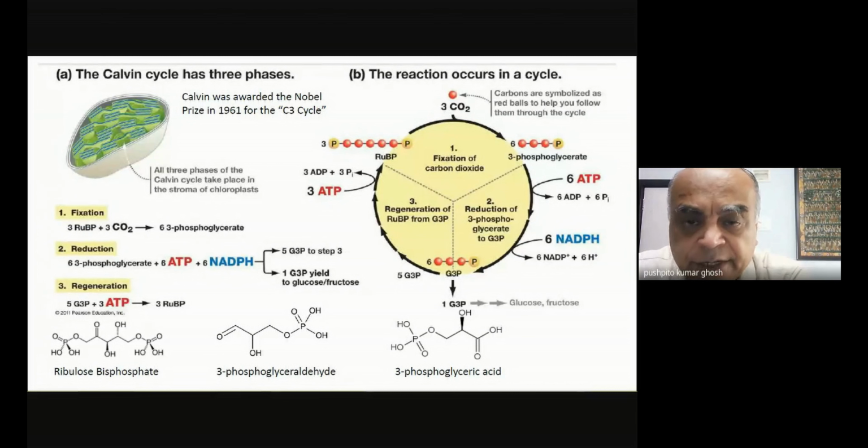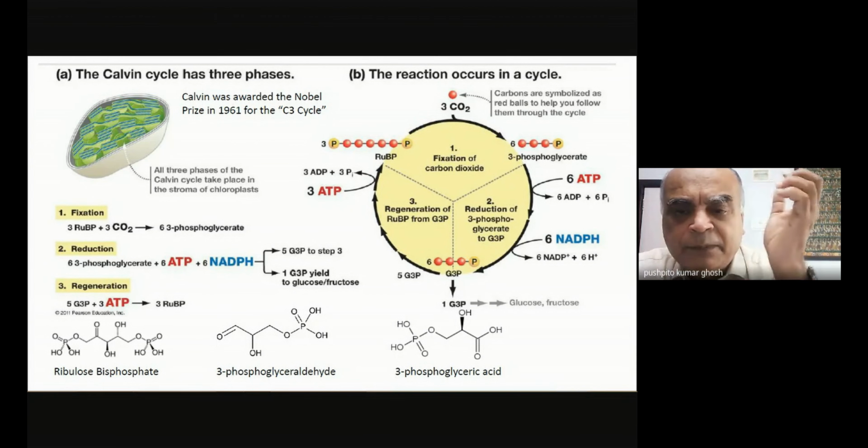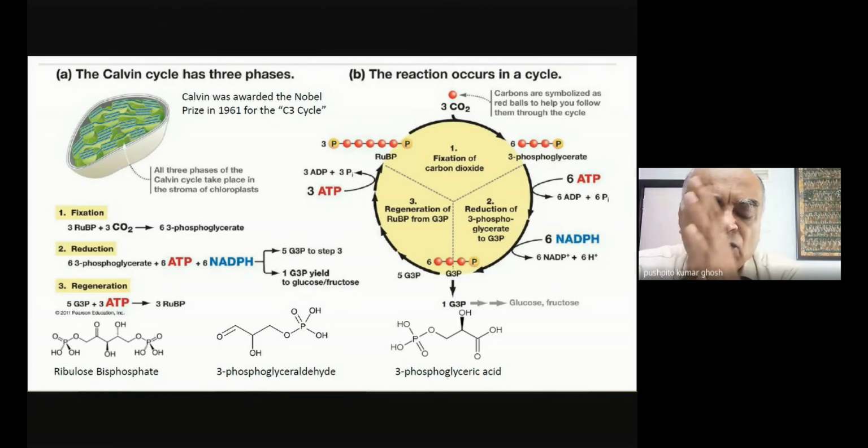So what happened? I created ATP and NADPH, and once I've created them, the light reaction's role is pretty much over. The oxygen gets released by the plant, and it builds up in the atmosphere. Then the plant says, great, I have a source of energy: I've got ATP and I've got NADPH.